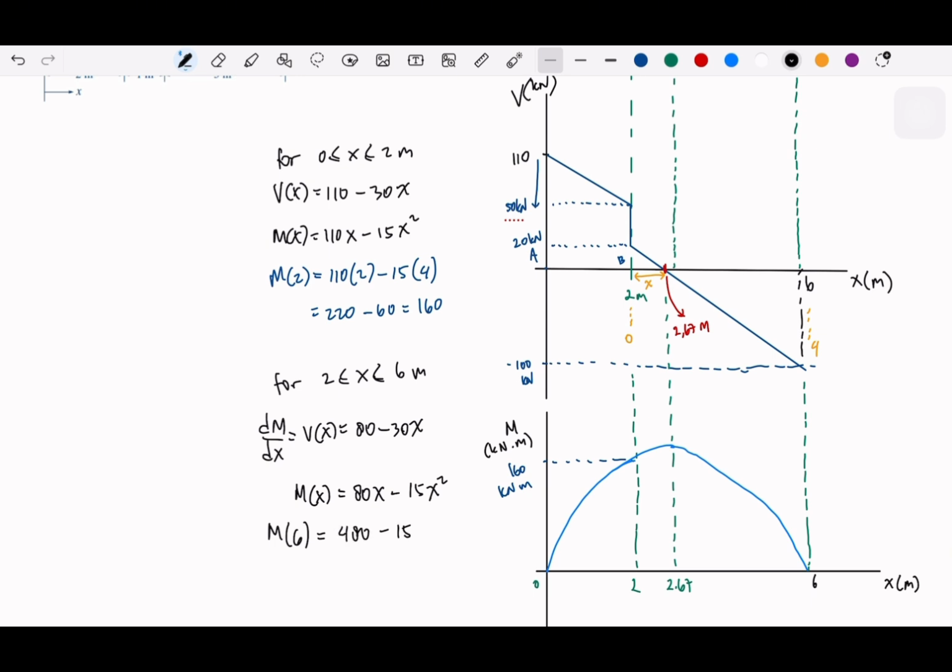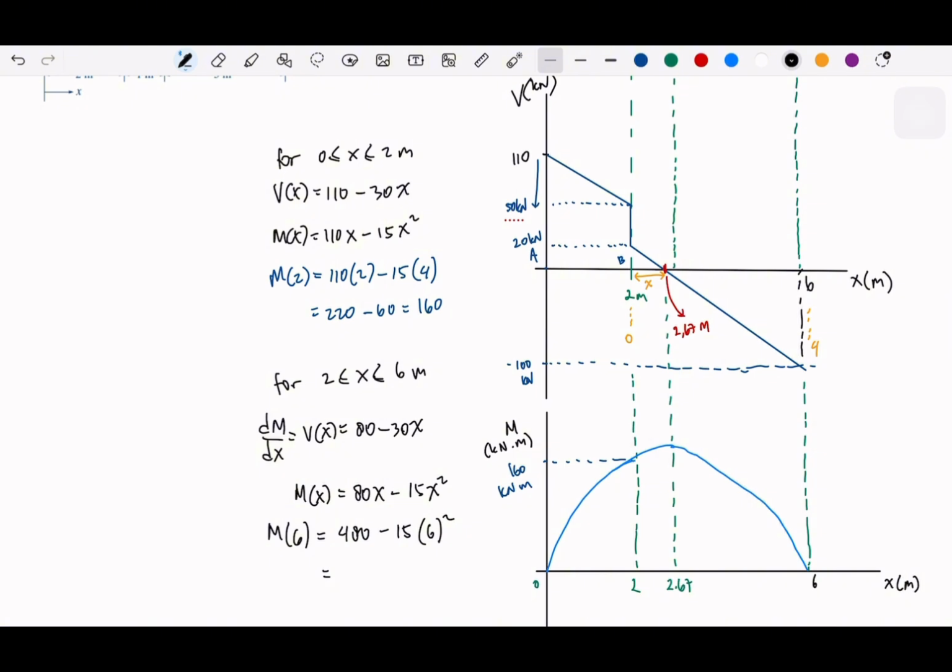This will be 6 squared, right? So how much do we have here? 540. So it should be what? Should be how much is this?